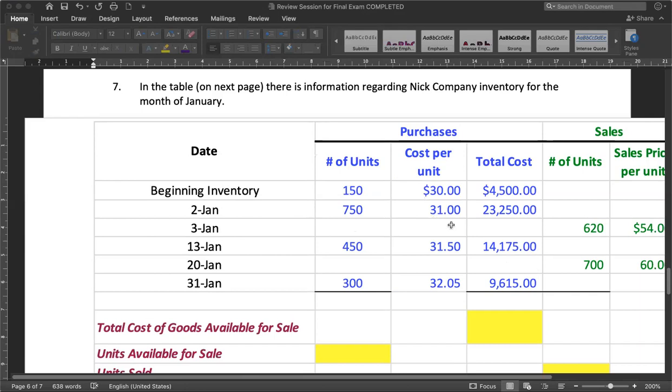So what I'm saying here is that 450 came at the $31.50 price. 130 came at the $31 price. And then 120 more we're going to have to cost at the $30 price. So therefore, we have 120 times 30. Okay, so that's the math.